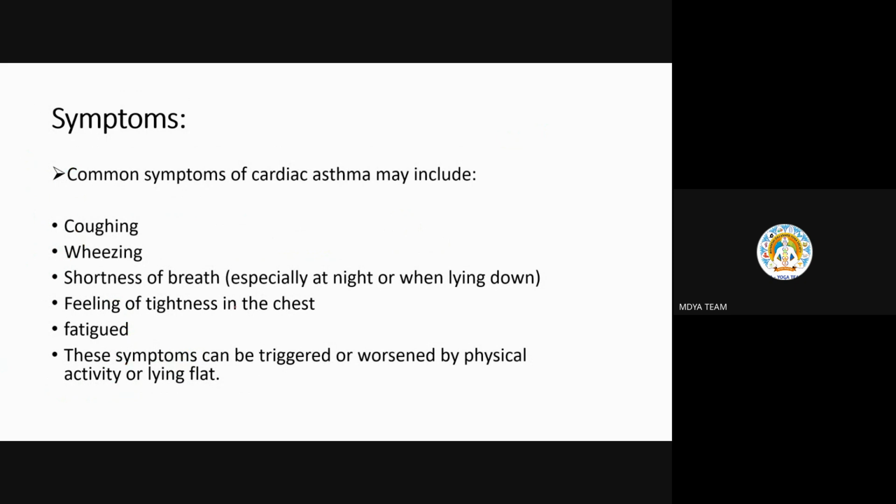So symptoms, as I told you before, are very similar to those of bronchial asthma. So this is coughing, wheezing, the same there also. Coughing, wheezing, shortness of breath, especially at night and in lying down position. Why? Because in lying down position, what happens?